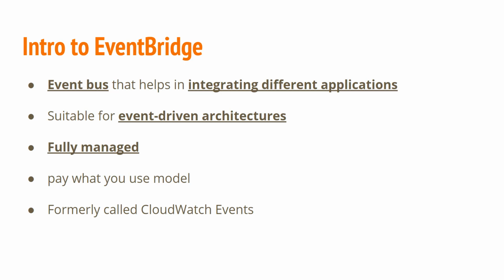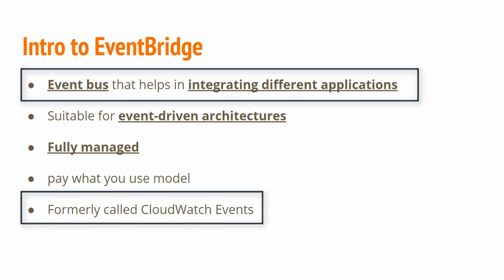EventBridge is an event bus which helps in integrating different AWS services, our custom applications, and software as a service applications. So if you are not aware, earlier we used to have CloudWatch events. The only negative point of CloudWatch events was it did not support custom applications as well as SaaS applications outside of AWS.